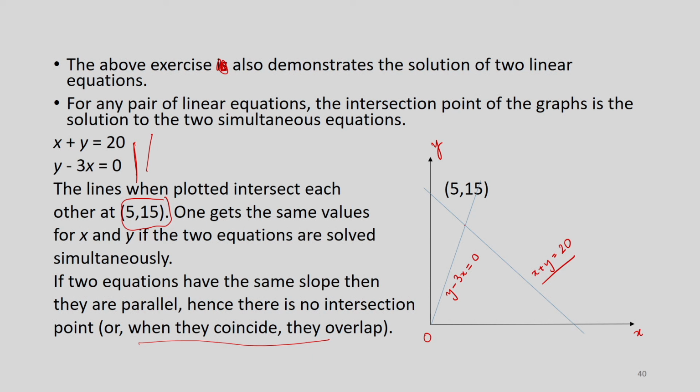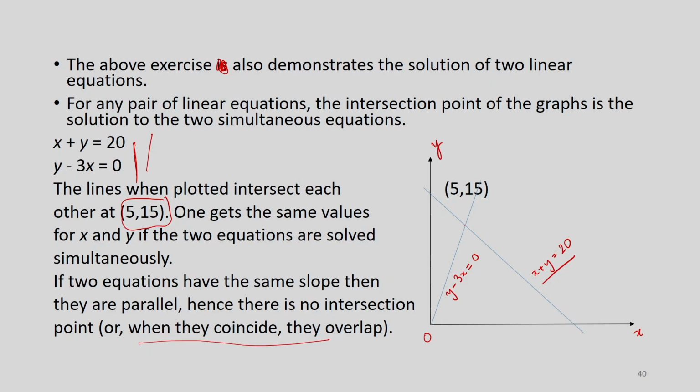But in general, if there are two equations which have different slopes, then they will have a single point of intersection like this, and that point of intersection gives us the solution.